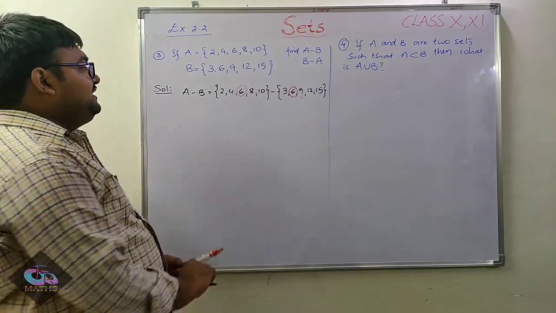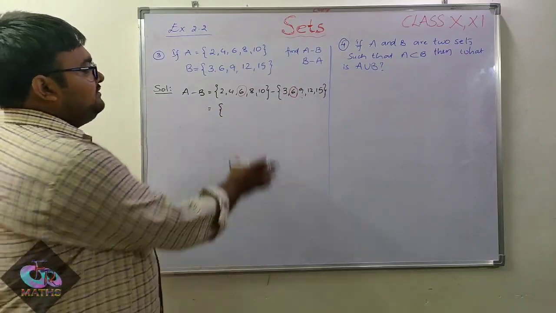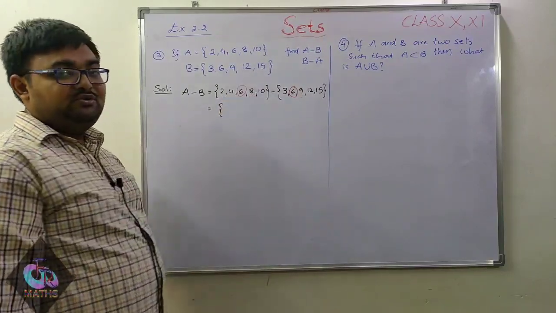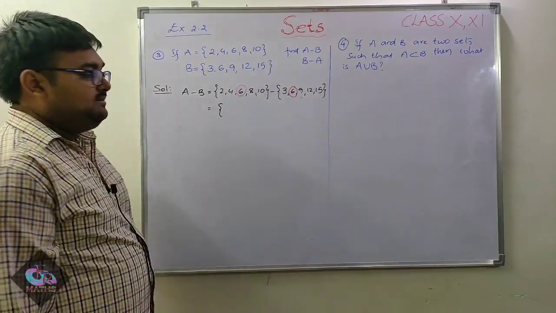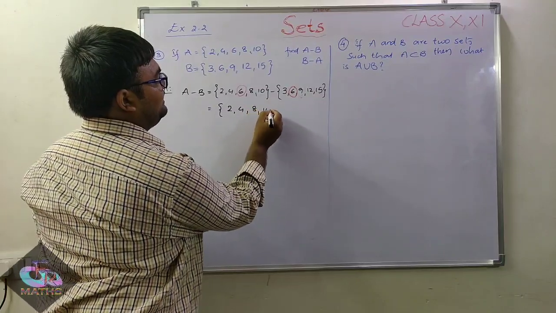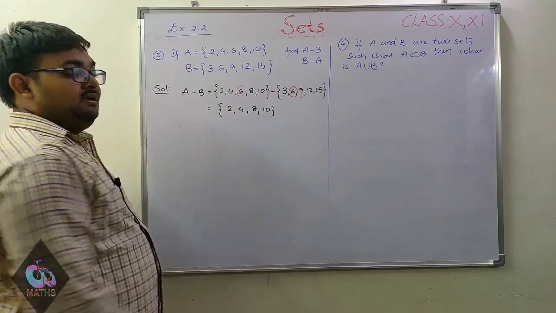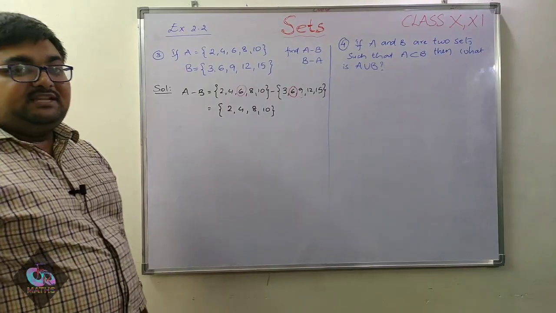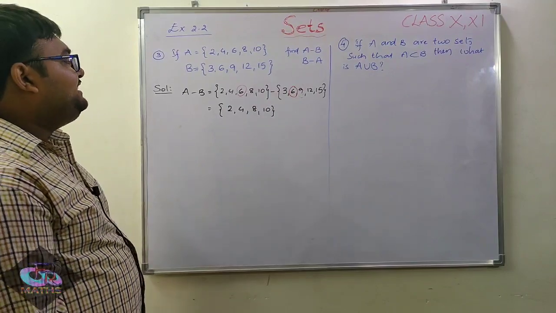So from this, A minus B can be written as only the first set, without taking the common element. So the answer is 2, 4, 8 and 10. So this is the value of A minus B: {2, 4, 8, 10}.